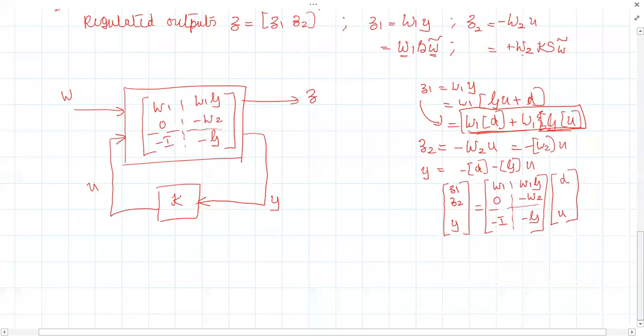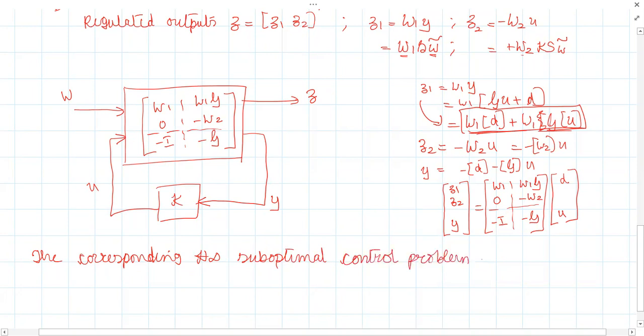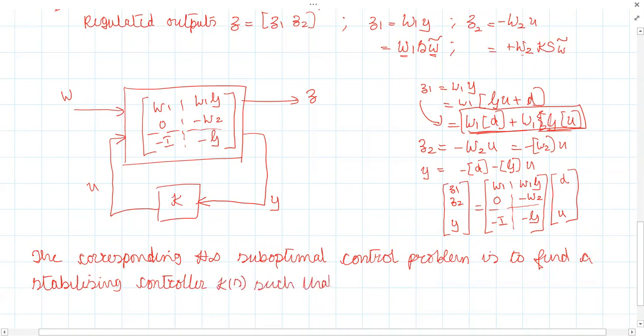So what is the control problem now? The corresponding H infinity suboptimal control problem is to find a stabilizing controller K of s such that the infinity norm of W1 S and minus W2 K S is less than or equal to some gamma value.